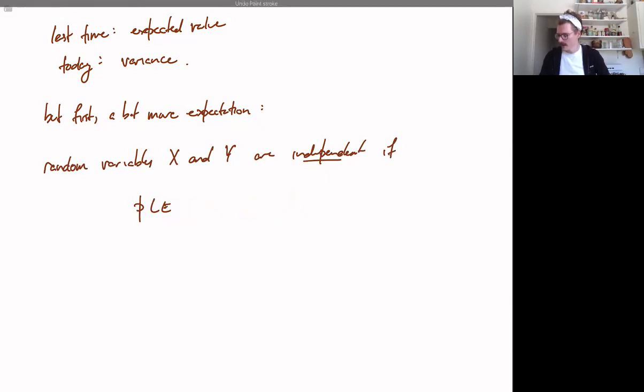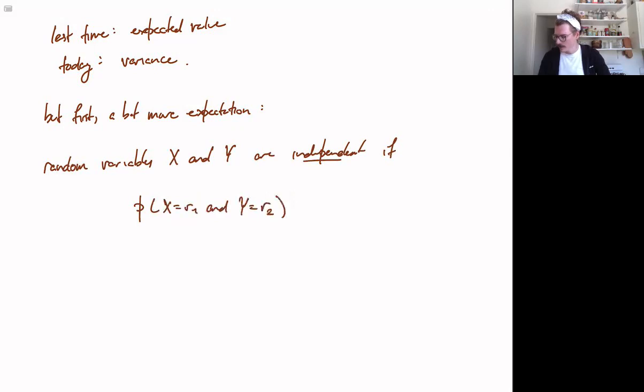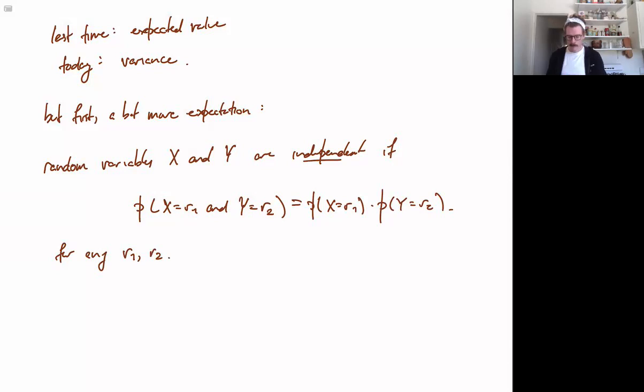So what we get in this case is the probability of X equals some outcome R1 and Y equals some outcome R2. This probability is equal to the probability that X is equal to R1 times the probability that Y is equal to R2 for any R1 and R2 real numbers. So basically a similar definition.